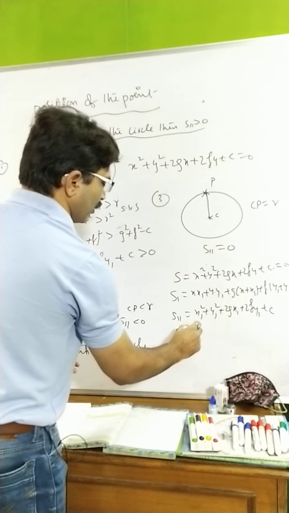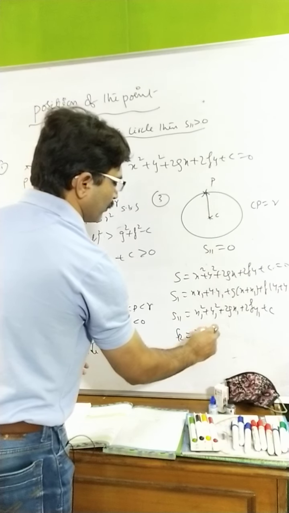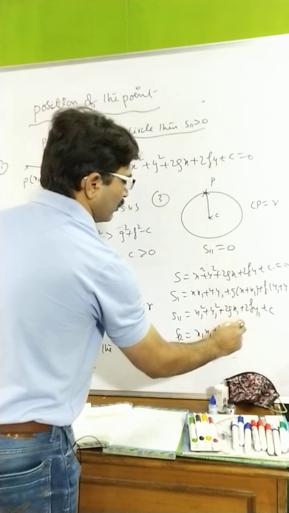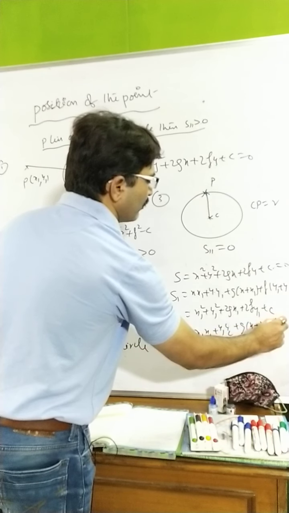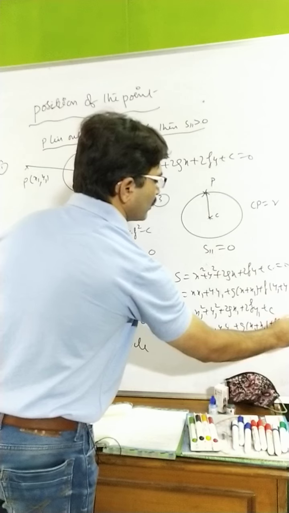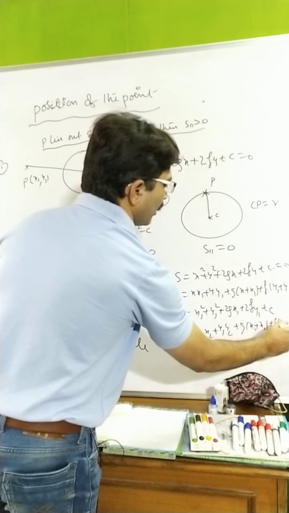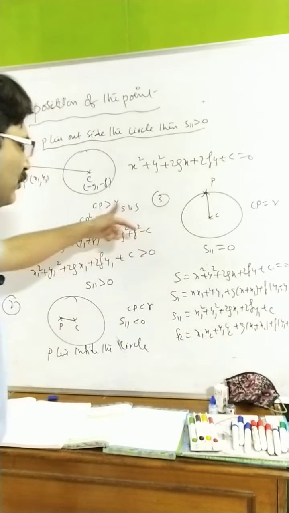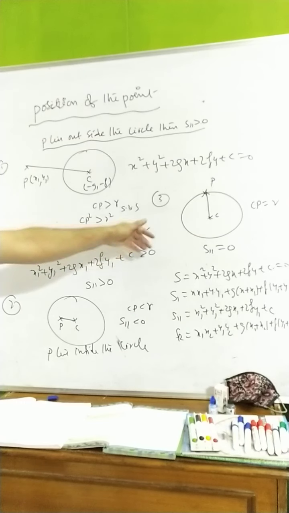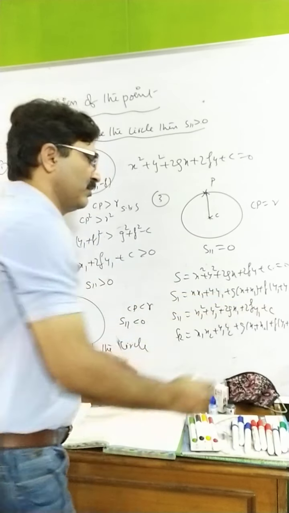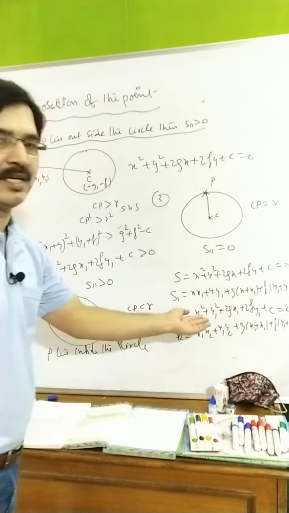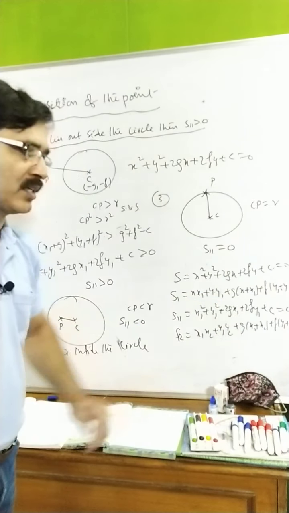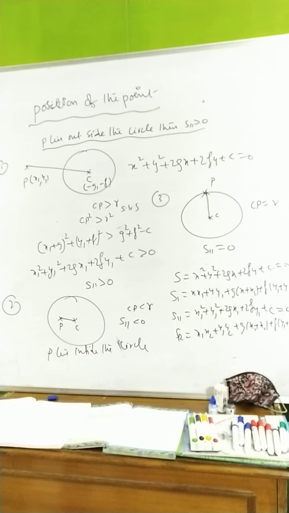S12 means x1x2 plus y1y2 plus g into (x1 plus x2) plus f into (y1 plus y2) plus c. These are the notations I am using. If S11 equal to 0, you can write x1 square plus y1 square plus 2gx1 plus 2fy1 plus c equal to 0.